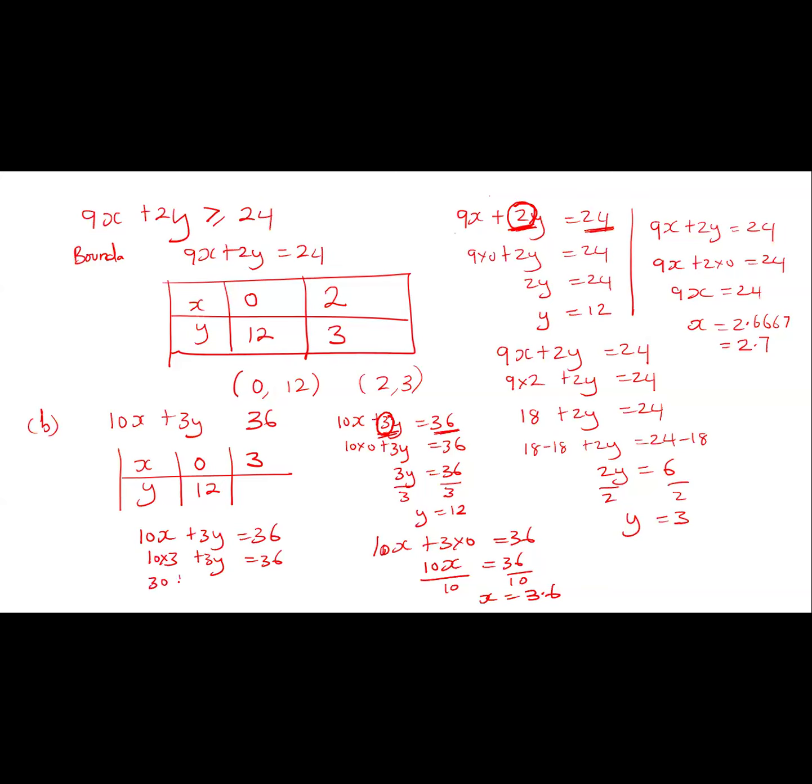So you say 30 plus 3y is equal to 36. So my 3y will equal 36 minus 30, and I will end up with 3y is equal to 6. Divide by 3, divide by 3, my y will equal 2. So here you'll get your coordinate as 2. Then after you extract, you say I'll have 0, 12, and I'll have 3 and 2, such that you get an exact value. Once you obtain that, then it means that you are good to go.